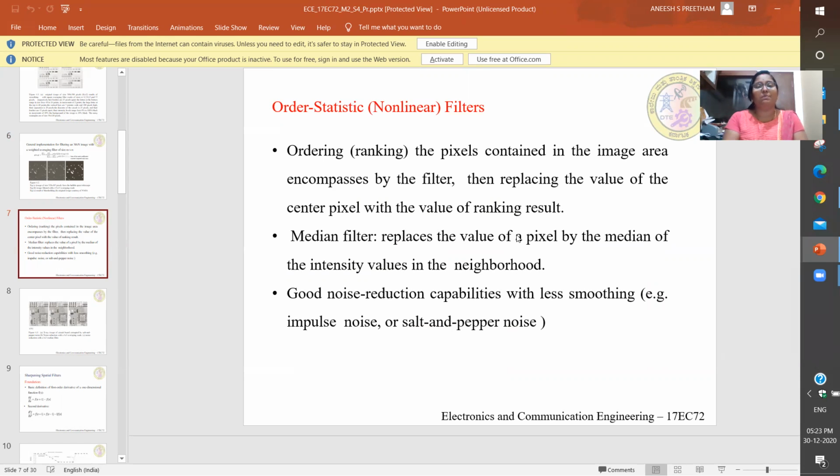For this purpose, we are going to use the median filter. What will the median filter do? It replaces the value of a pixel by the median of the intensity values in the neighborhood. It is used when good noise reduction with less smoothing is required, for example, impulse noise or salt and pepper noise.